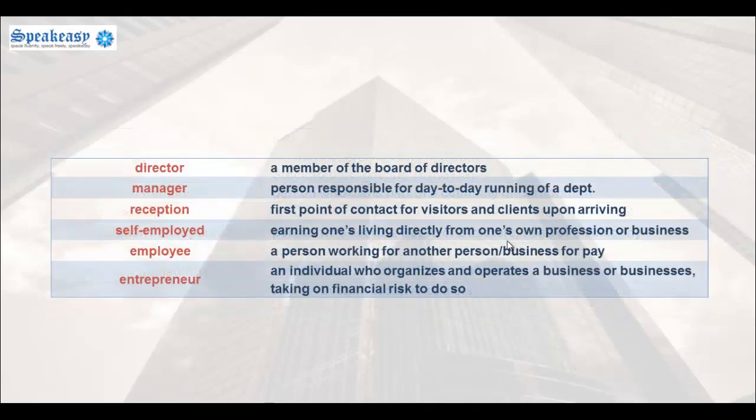A director is a member of the board of directors. A manager is a person responsible for day-to-day running of a department. The reception is the first point of contact for visitors and clients upon arriving.